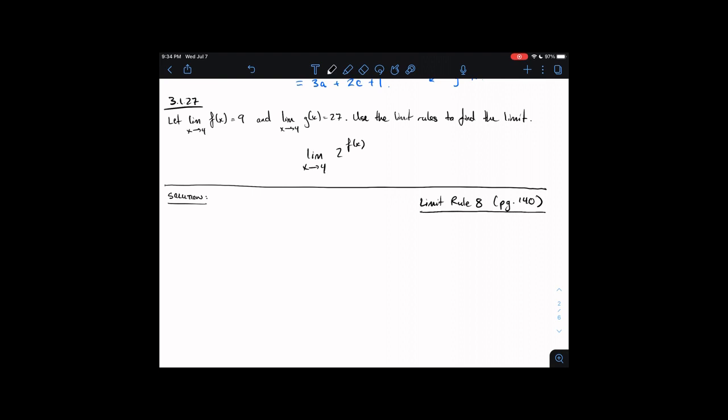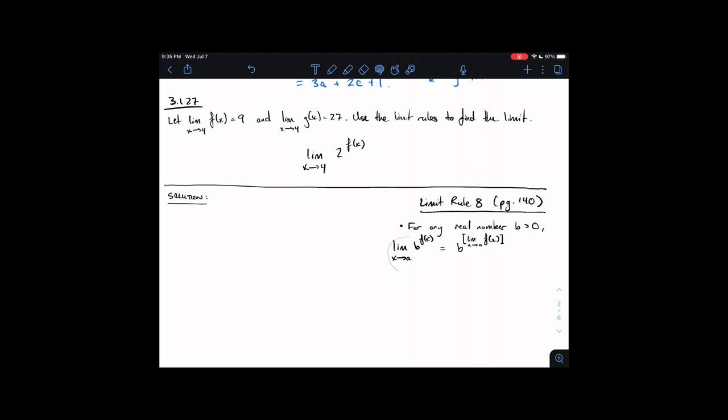It says, for any real number b greater than 0, the limit as x approaches a of b to the f of x is equal to b to the power of the limit.